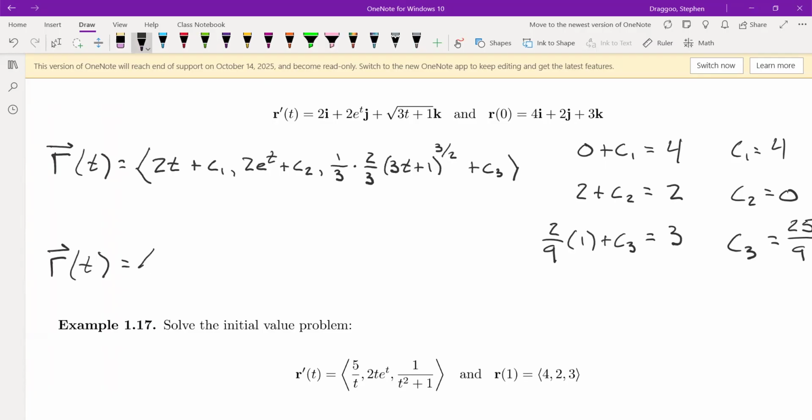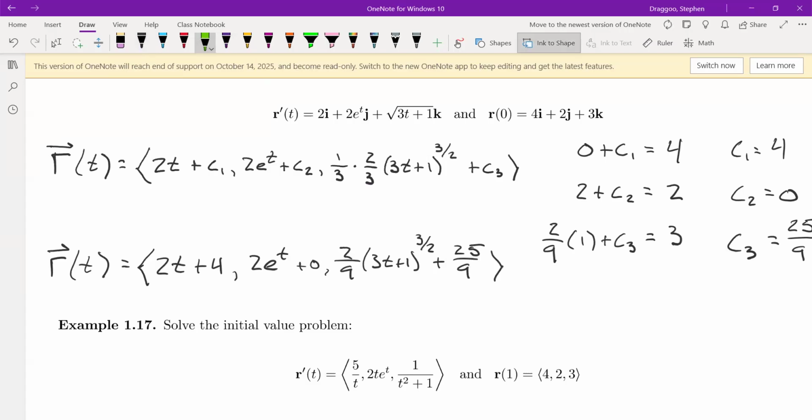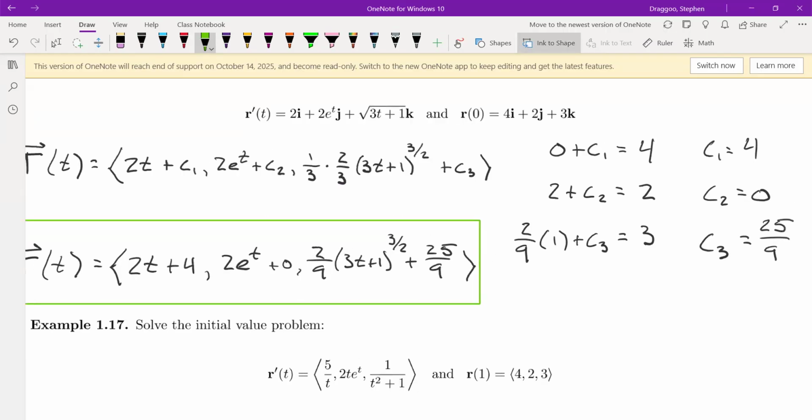So 2t plus 4, 2e to the t plus 0, 2 ninths times 3t plus 1 to the 3 halves plus 25 divided by 9. Close that down. And my work got a little busy here, so I'm going to put a box around the answer.